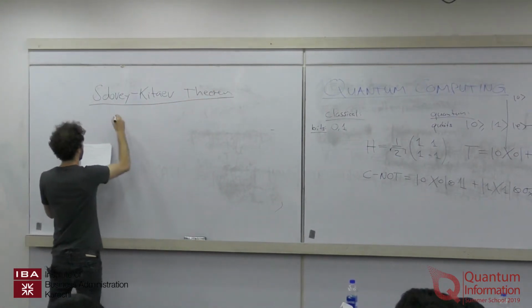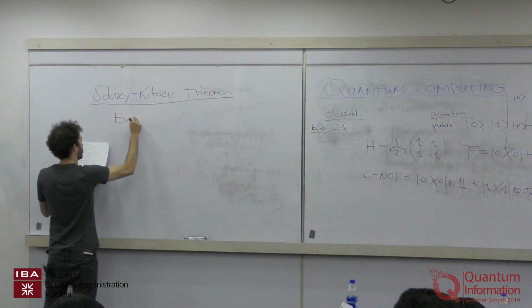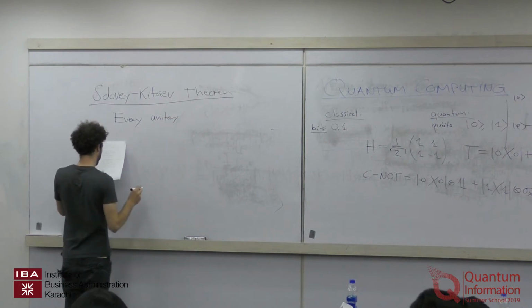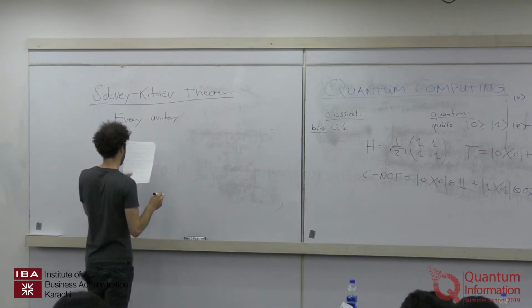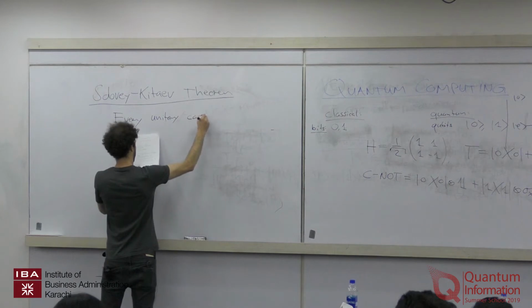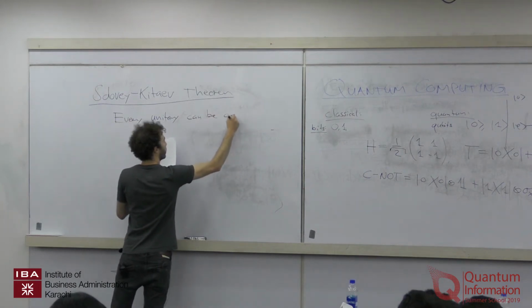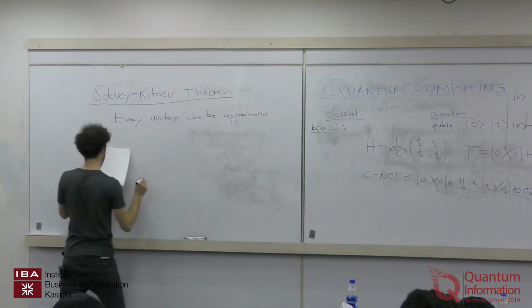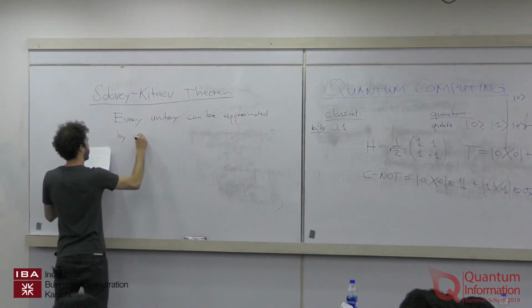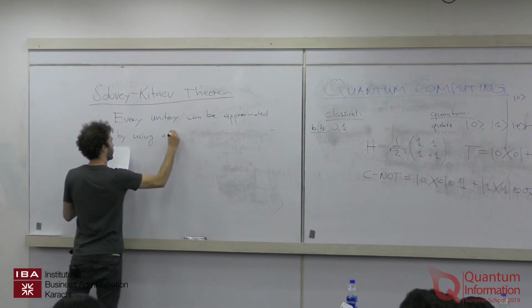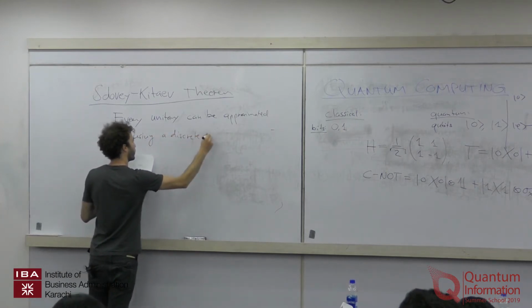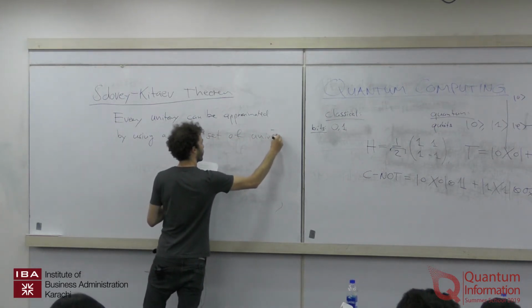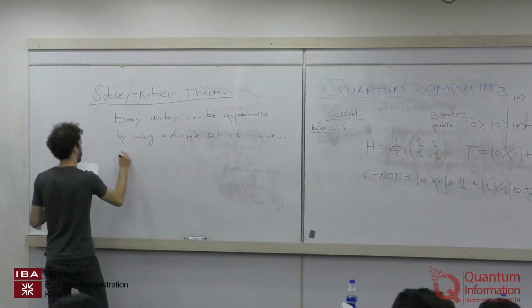And this theorem states that every unitary can be approximated by using a discrete set of universal gates.